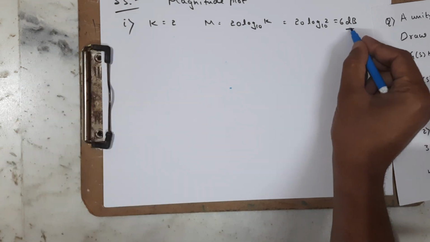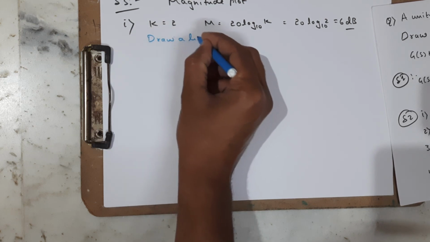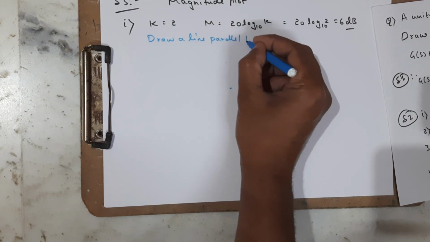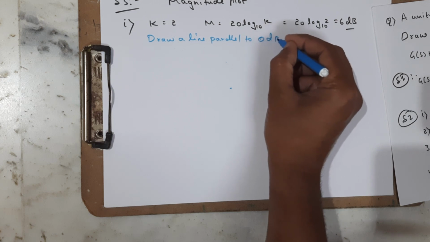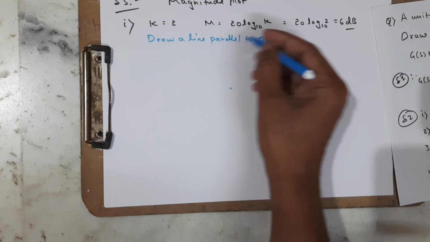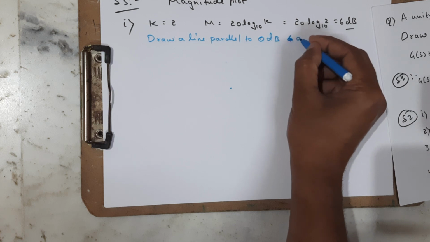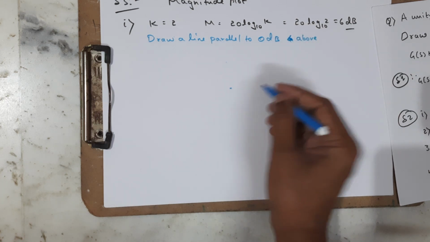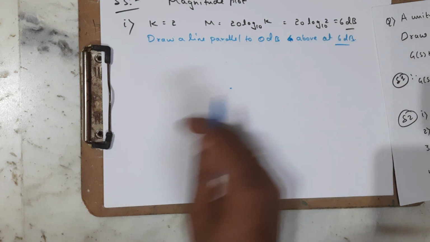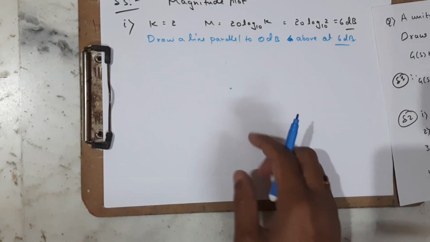After finding 6 dB, what I did was draw a line parallel to 0 dB above, at 6 dB. So this is step number 1.